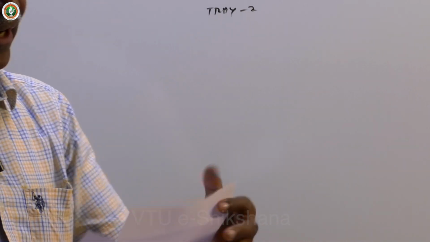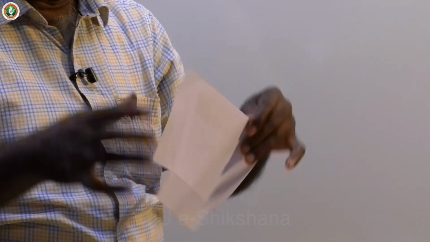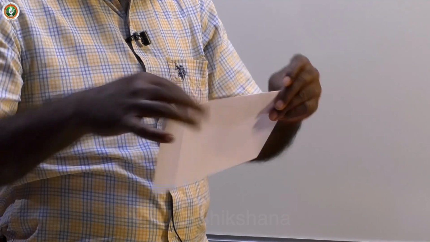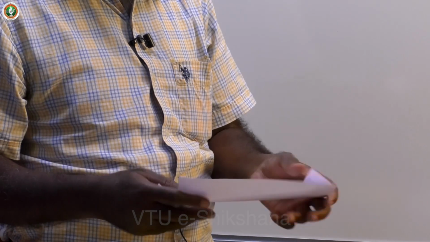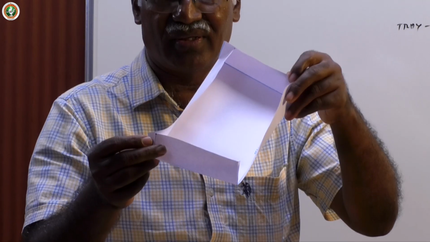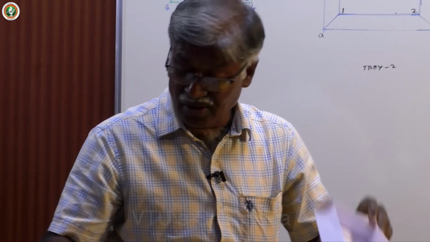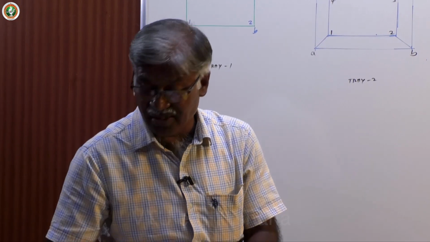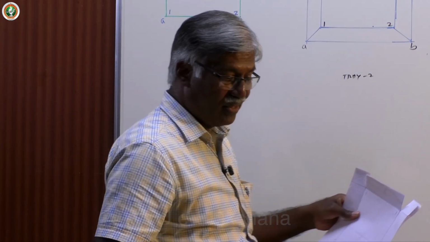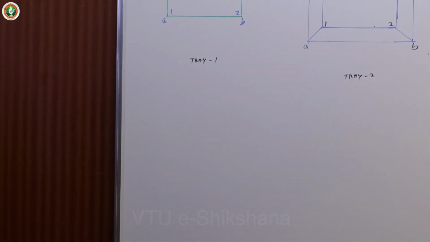Now you fold it properly to the base surface level, and then go for soldering or whatever. If this is paper type, you can do this way. I have the sheets retained here, and let me use the stapler and do it.